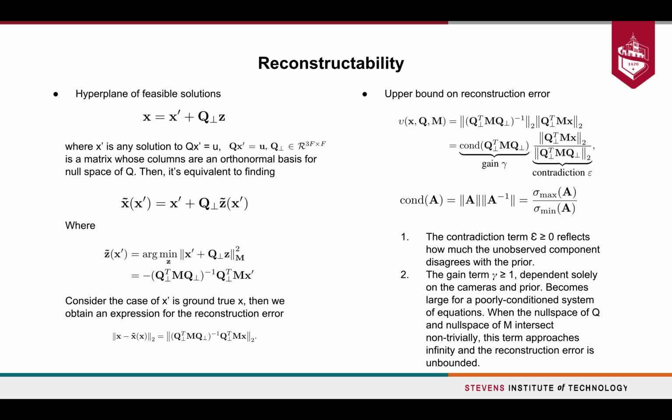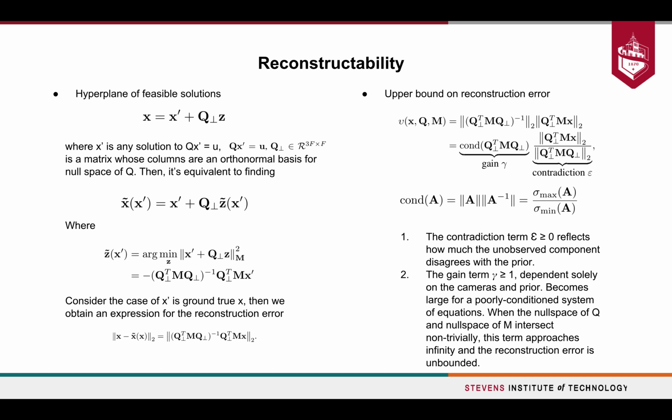Then he takes this equation into the cost function. Since x prime can be any solution to the projection function, he supposes it is the ground truth x.